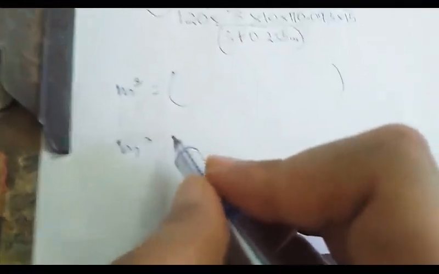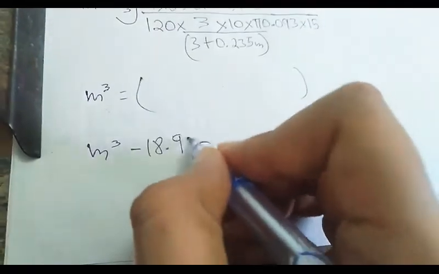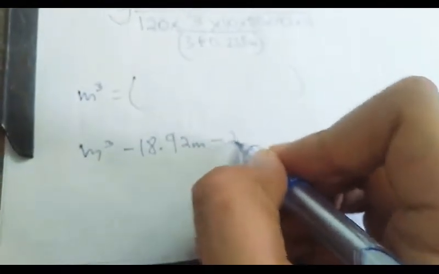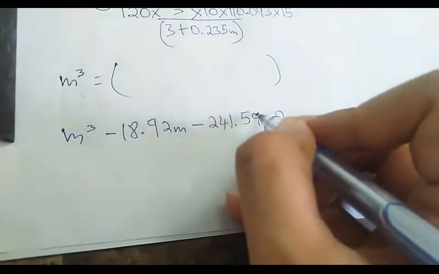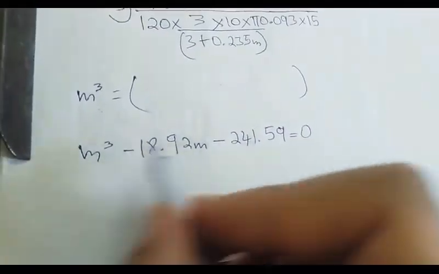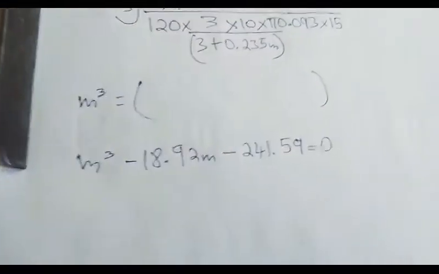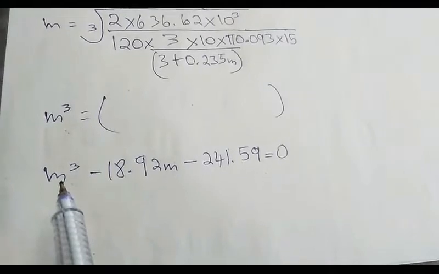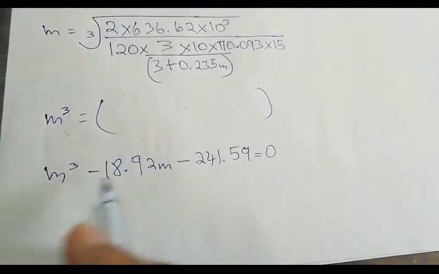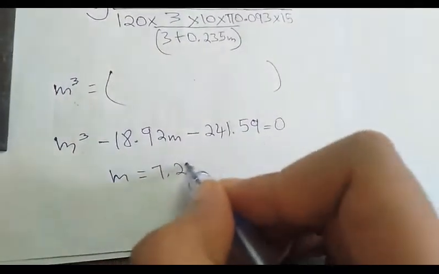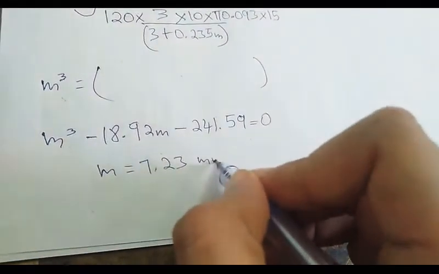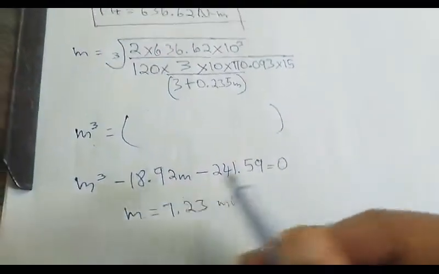On simplifying I get m cube minus 18.92 m minus 241.59 is equal to 0. By substitution, or by finding the value of m from a calculator, I get the module m equal to 7.23 mm.